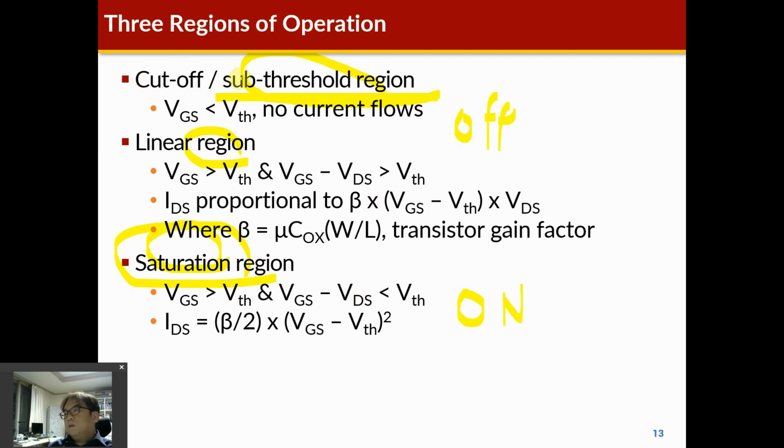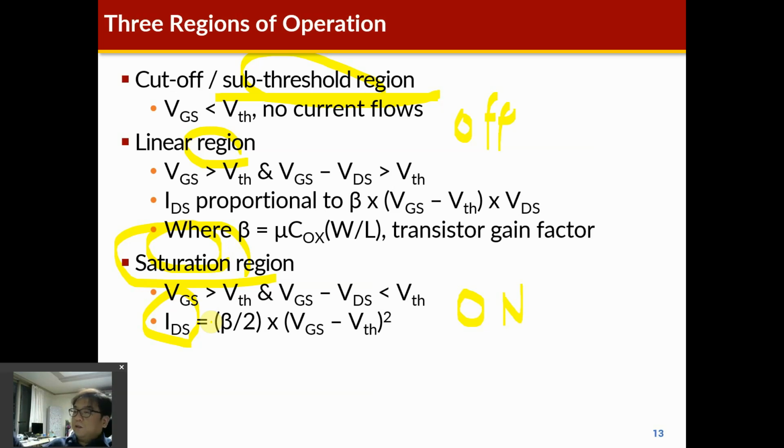In the cutoff or sub-threshold region, no current flows, but this is the ideal case, as I explained. In the modern CMOS circuit, the leakage current flows from VDD to the ground. And in the saturation region, this current flows from the source to the drain.